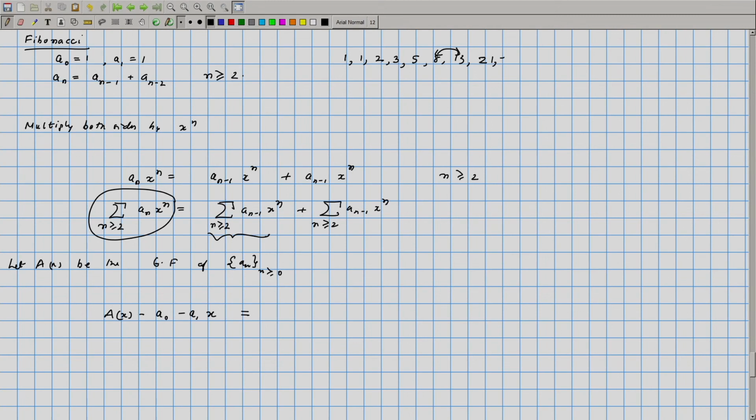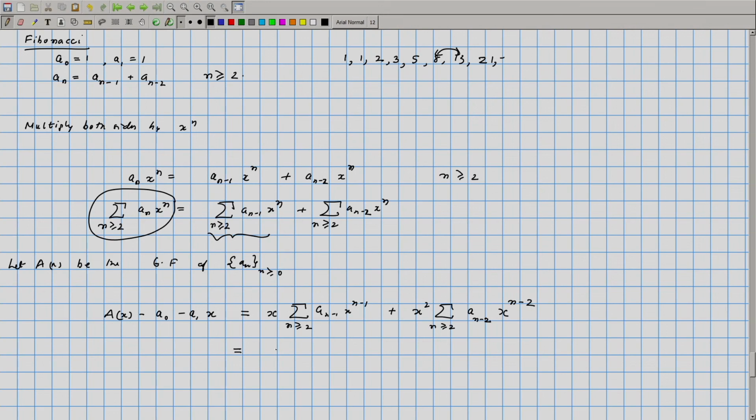It resembles A(x). If you take an x outside, you will get this as the summation for n greater than or equal to 2 of a_{n-1} x^{n-1}. And the second term, if we take an x square outside, this is going to be the summation for n greater than or equal to 2 of a_{n-2} x^{n-2}.